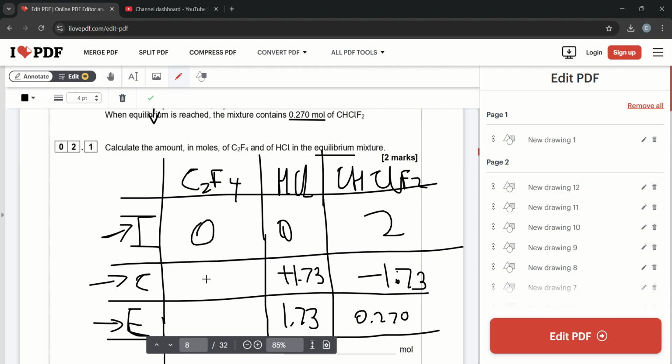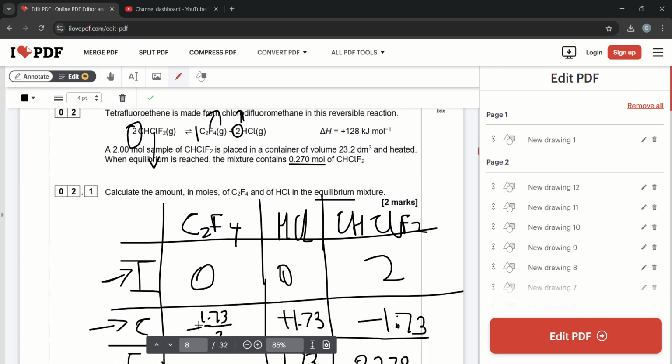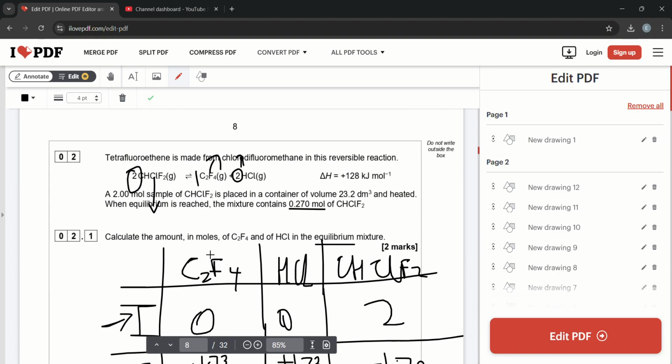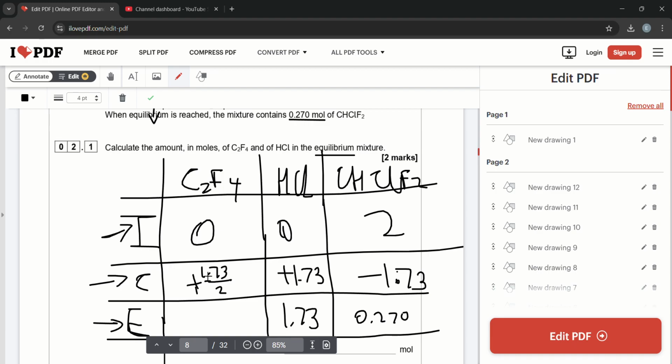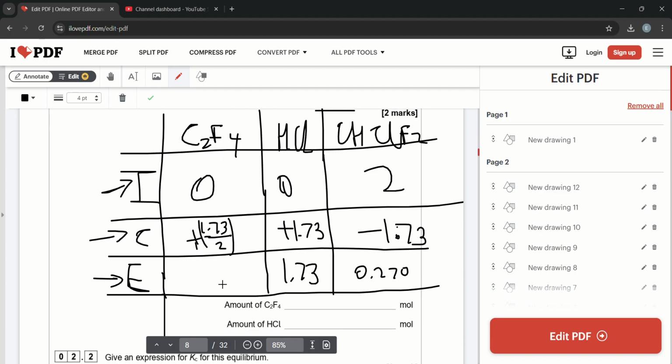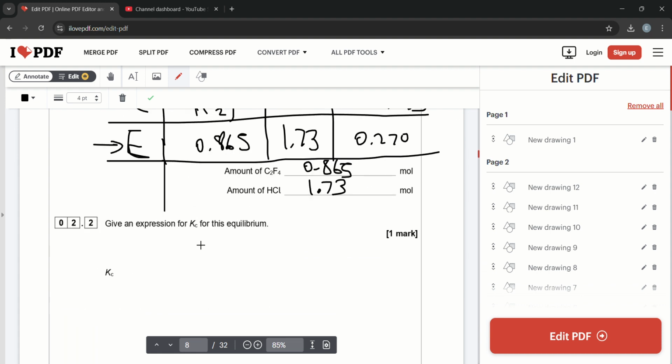So what we have to do is divide this by 2. We're adding, because this is on the same side as HCl, but we're adding 1.73 divided by 2, which gives me 0.865. So the amount of C2F4 is 0.865, amount of HCl is 1.73.